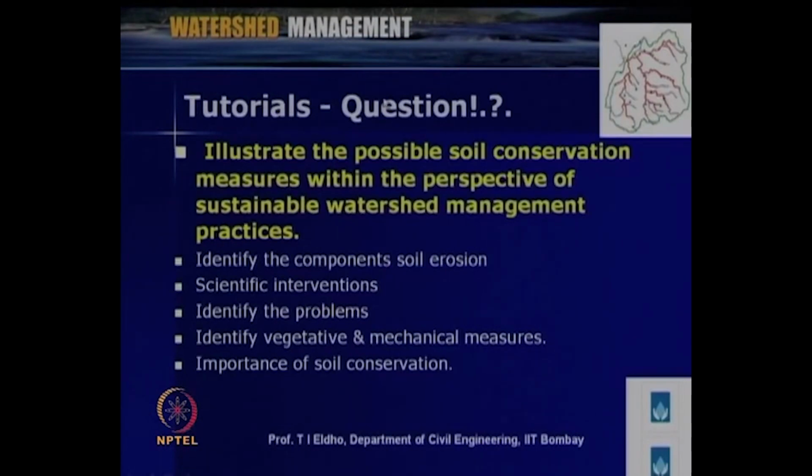Before closing today's lecture, one tutorial question. Illustrate the possible soil conservation measures within the perspective of sustainable watershed management practices. You can identify the components of soil erosion, scientific interventions, identify the problems, identify the vegetative and mechanical measures, the importance of soil conservation.